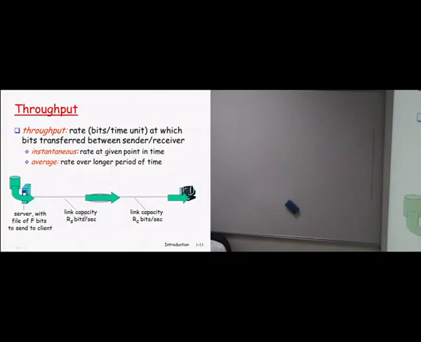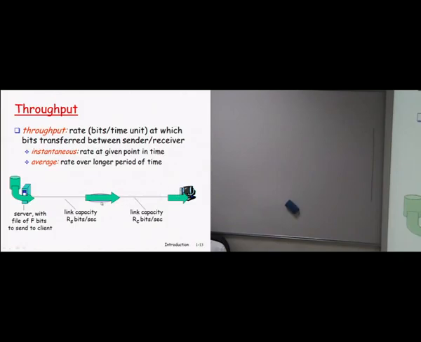This is the server, this is the client, this is the router. It is hidden behind this arrow. This is one link from server to router. This is another link from router to the client. So these are two different links. Clear?